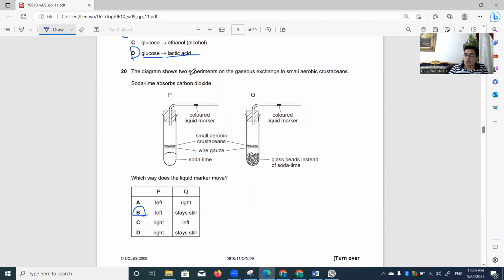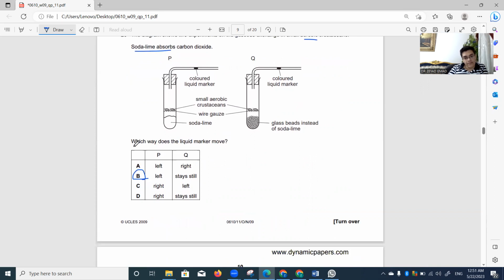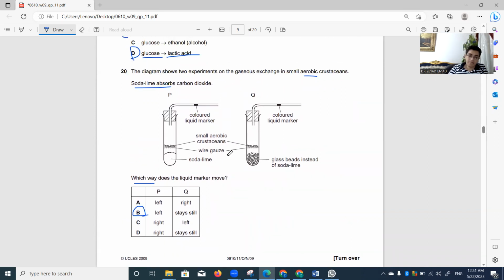The diagram shows two experiments on the gas exchange in small aerobic crustaceans. So here the respiration that occurs is aerobic respiration, which is taking in oxygen and giving out carbon dioxide as a waste product of metabolism. Soda lime absorbs carbon dioxide. Okay. Which way does the liquid marker move?